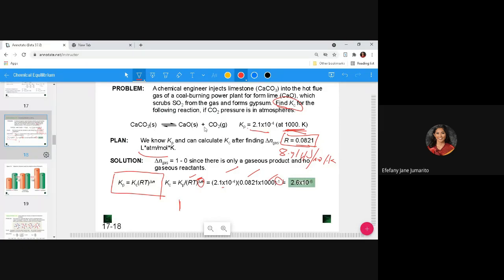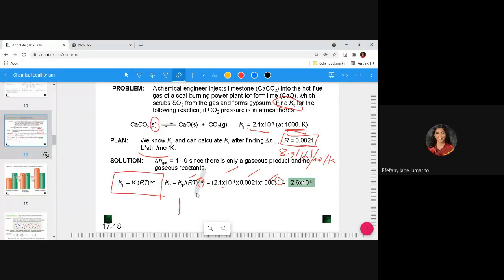So how many moles of gas are present in your product? 1, ma'am. Only 1. Okay. What about how many moles of gas are present in your reactant? None, ma'am. Okay, yes. None.